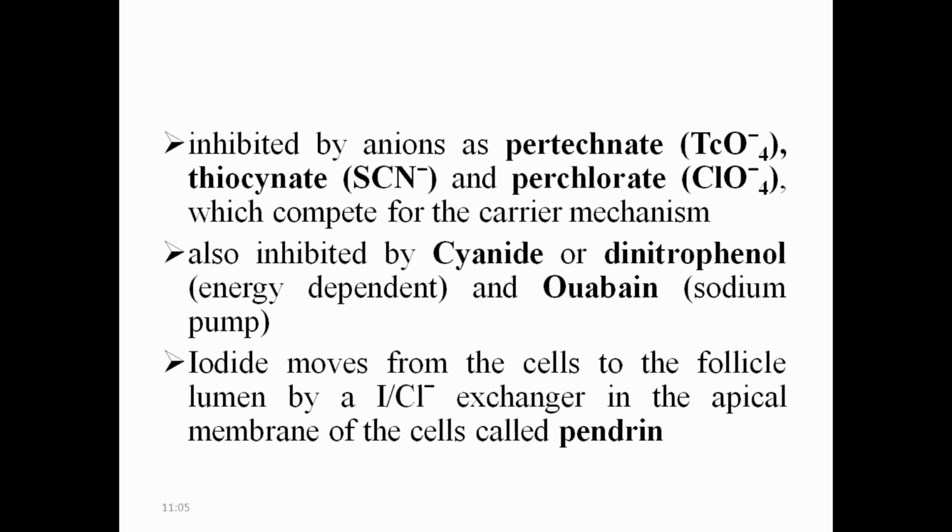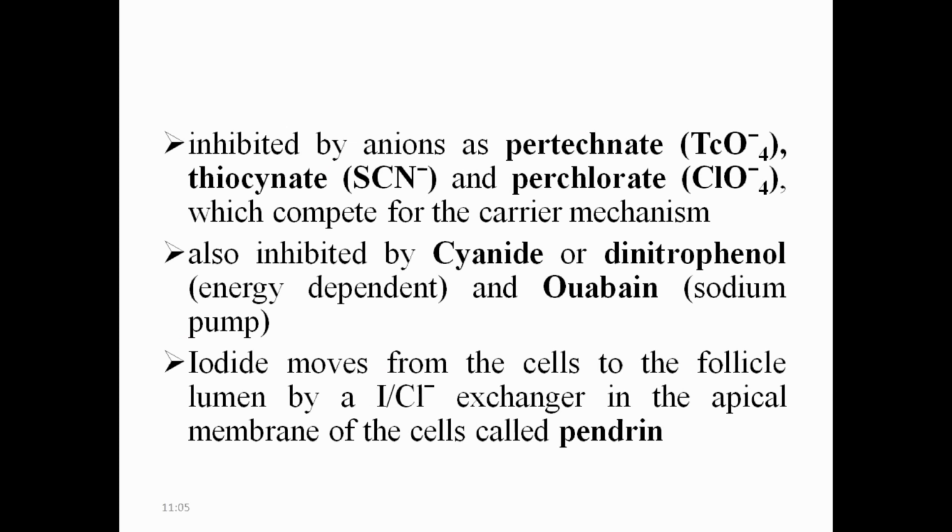The movement of iodide from the basement membrane into the epithelial cell is helped by the sodium iodide symporter. After entering the epithelial cell, the iodides move to the follicular lumen via another channel in the apical membrane of the cell called pendrin.